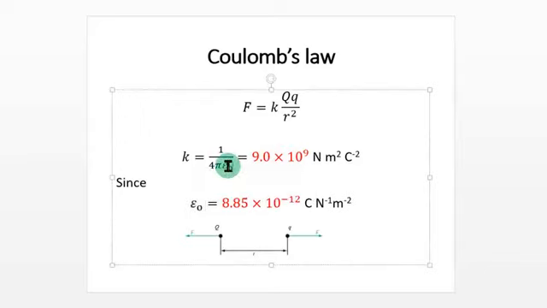If the charges are in another medium like oil or water, then that medium will have a different permittivity. This value epsilon is called the permittivity of free space. It has a value of 8.85 times 10 to the power negative 12. So if we substitute it in the expression for K, then we are going to get this. Very often you simply have to quote this K and you are done. Place it there, and you'll be able to work.